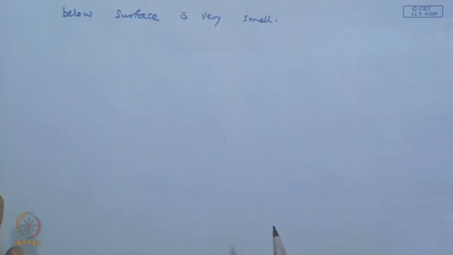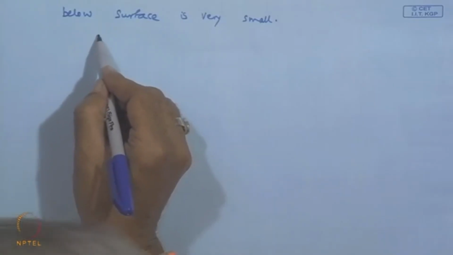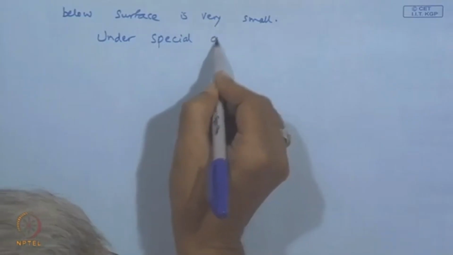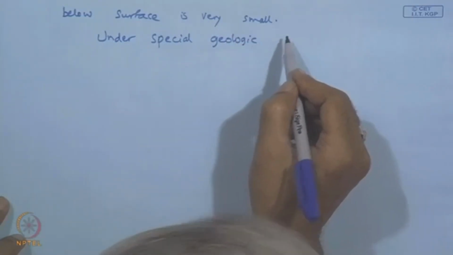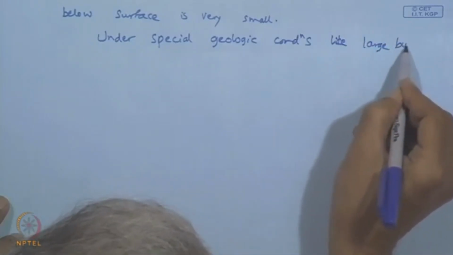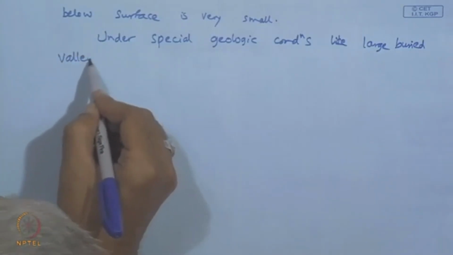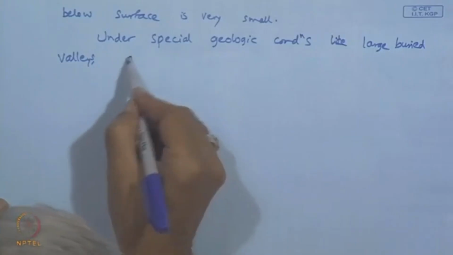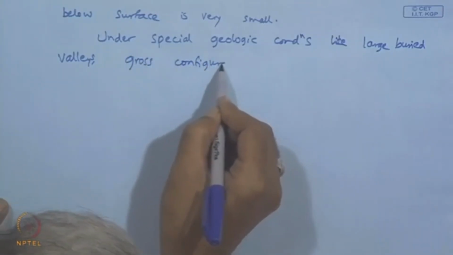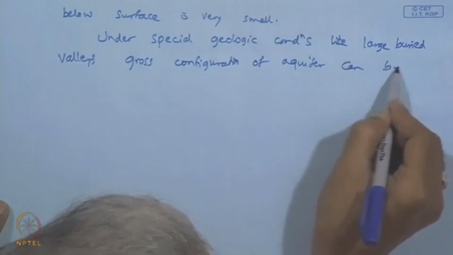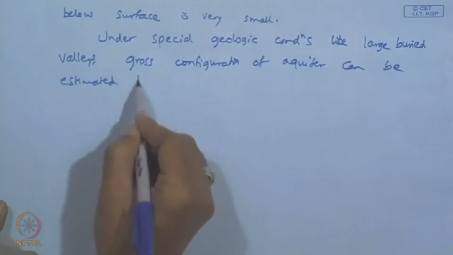Therefore, this gravity method is applied under special geologic conditions like large buried valleys, where the gross configuration of the aquifer can be estimated by gravity methods.